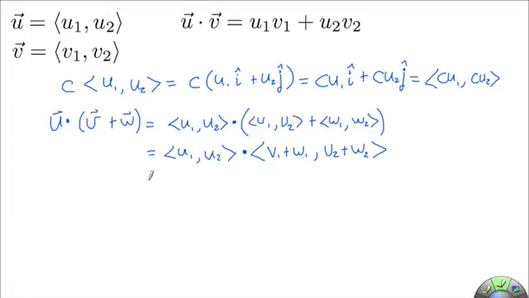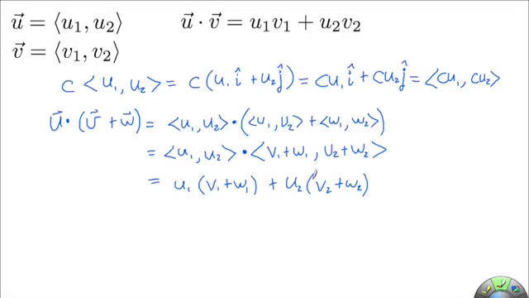And now we can perform the dot product because this is a vector dotted with a vector. So we're going to get the first component of the first vector times the first component of the second vector. And then we're going to add on the second component of the first vector, u2, times the second component of the second vector, v2 plus w2, added together.